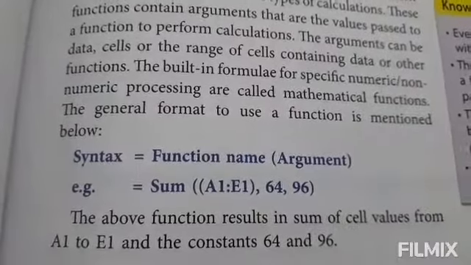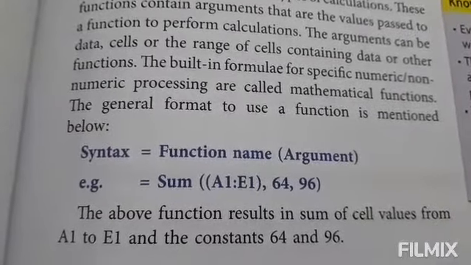The argument can be data, cells, or the range of cells containing data or other functions. The built-in formulae for specific numeric or non-numeric processing are called mathematical functions. The general format to use a function is function name within bracket argument.